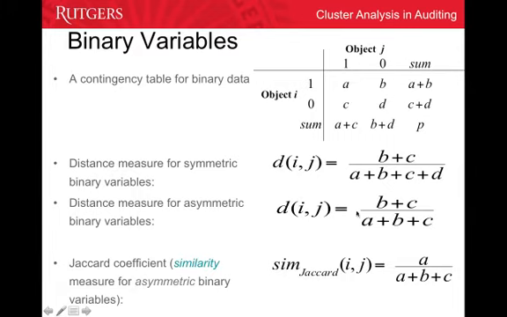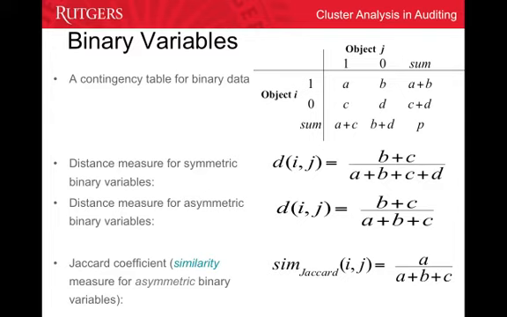This is the formula to calculate the dissimilarity between two binary variables, while the formula to calculate the similarity between asymmetric binary variables, the most usually used one, is called the Jaccard coefficient. Its formula is like this. So instead of calculating the distance or the dissimilarity, here we calculate the similarity.